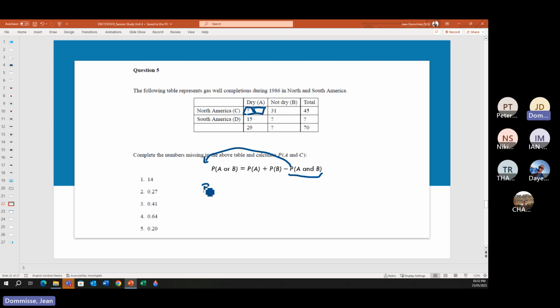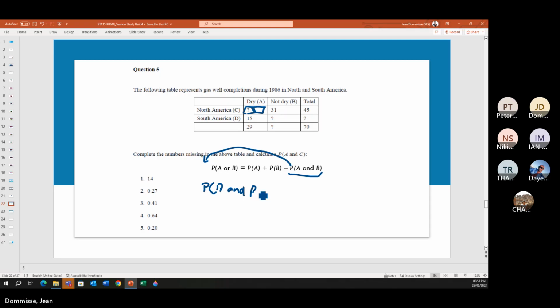So a way to work it out is, we've got the AND, and we just say P(A) plus P(B) minus the OR.